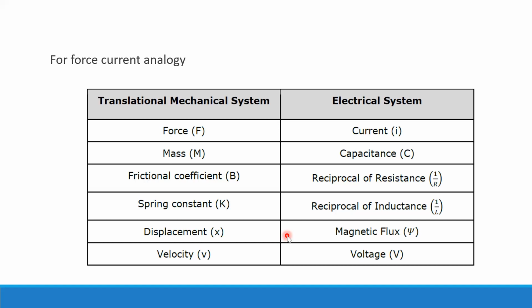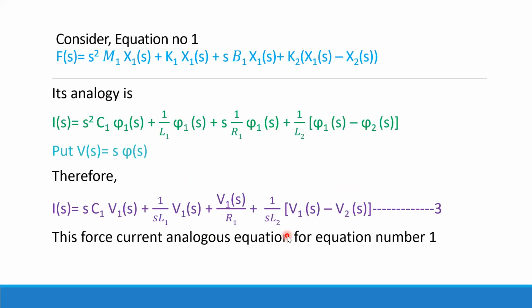Now let us consider first the equations. The equation that we have obtained is F(s) equals s square m1 x1(s) plus k1 x1(s) plus s b1 x1(s) plus k2 times x1(s) minus x2(s), and the respective values in this equation will be replaced with their analogous values in the force current analogy.